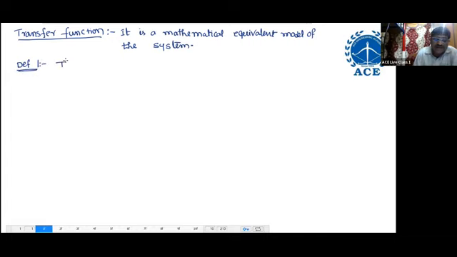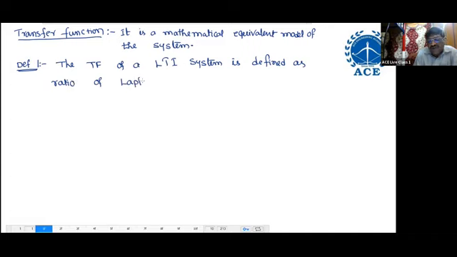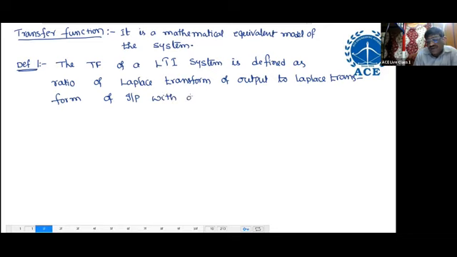The first definition: the transfer function of a linear time invariant system is defined as the ratio of the Laplace transform of output to the Laplace transform of input, with all initial conditions are 0.